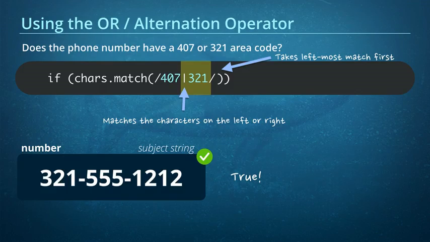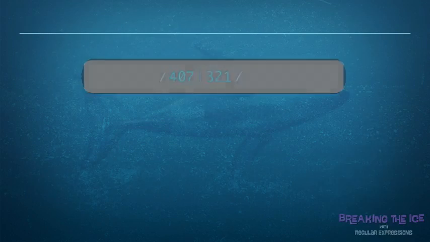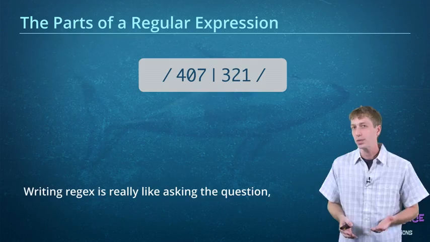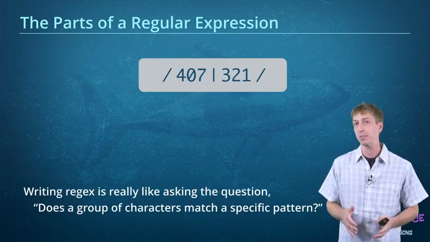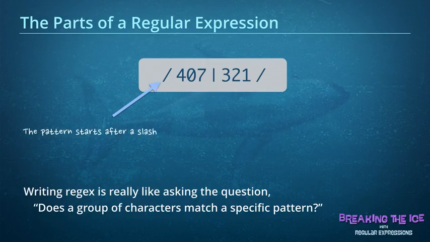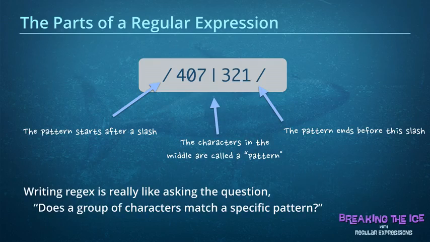So what would this regular expression look like outside of code? So when we say we're writing Regex, what we're really asking is, does this group of characters match a specific pattern? The pattern starts after the first slash, and it ends before the final slash. And what is in between is known as our regular expression pattern.